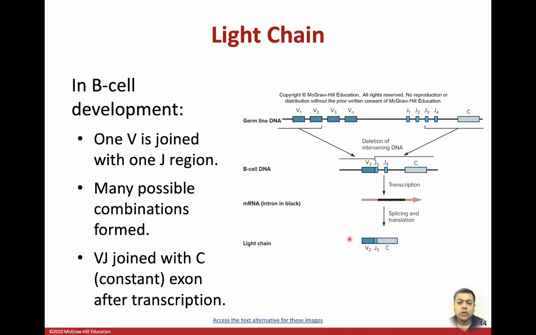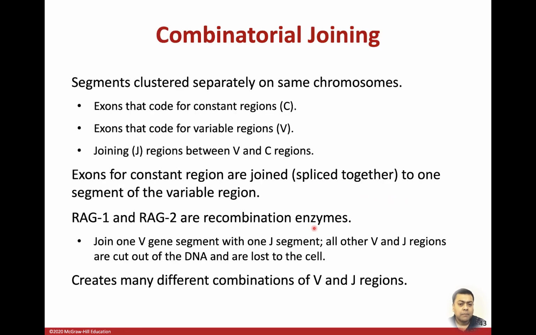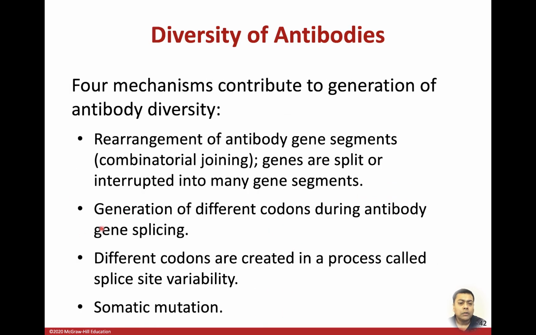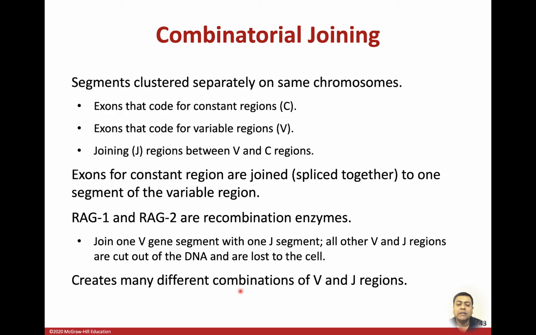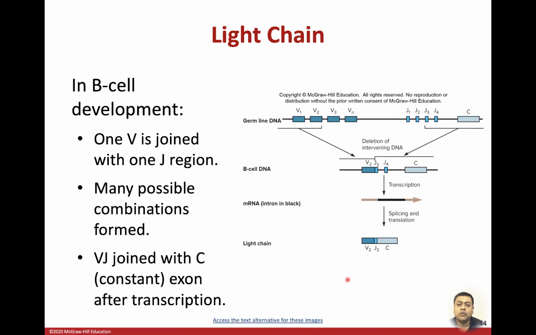But remember that not only does the amino acid sequence differ, but along with that, you also have different codon generation, and also the splice site variability and somatic mutation can lead to all these different combinatorial joinings.